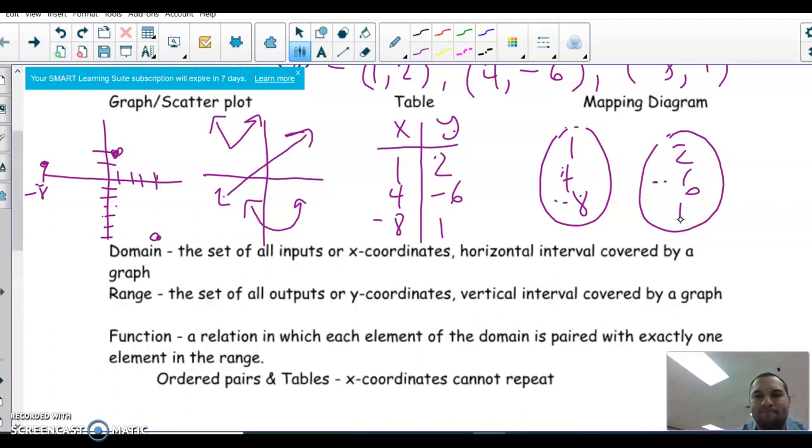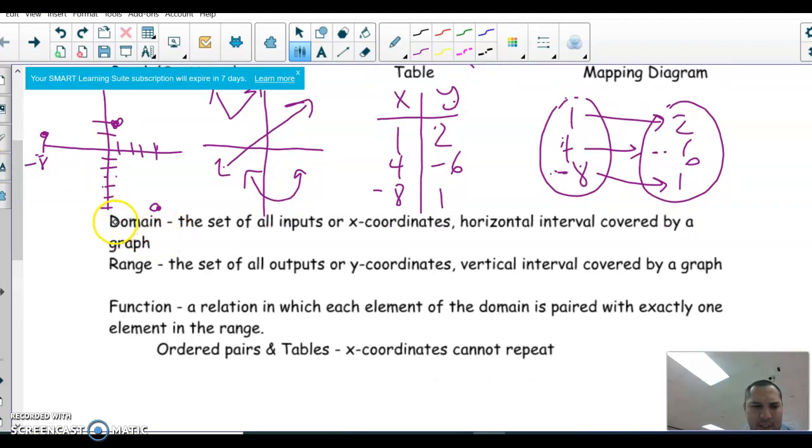And you just connect them with arrows. So 1 goes with 2, 4 goes with -6, -8 goes with 1. All right, those are the 4 types of representations we're going to be working with: ordered pairs, tables, graphs or scatter plots, and mapping diagrams as well.